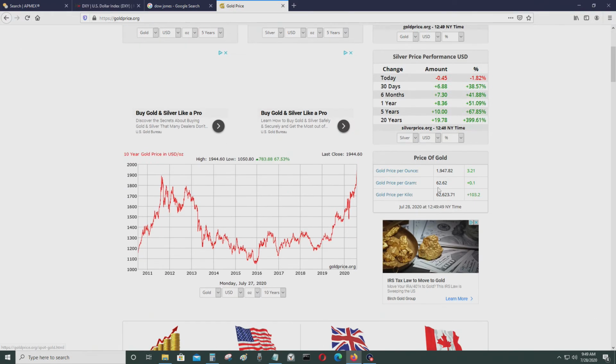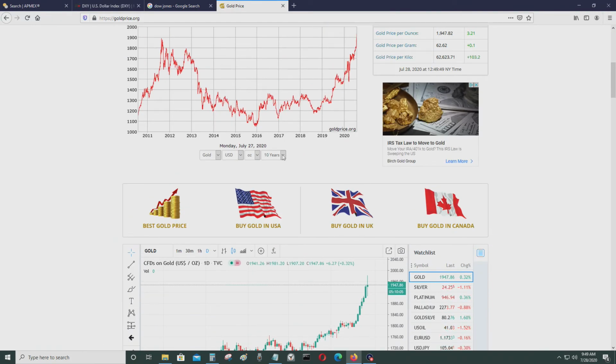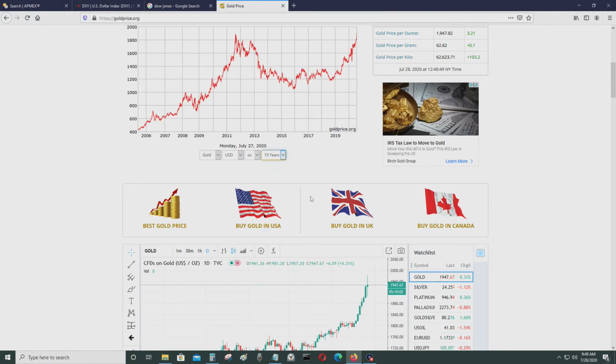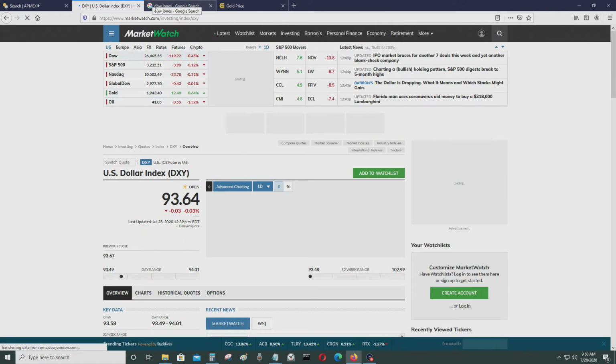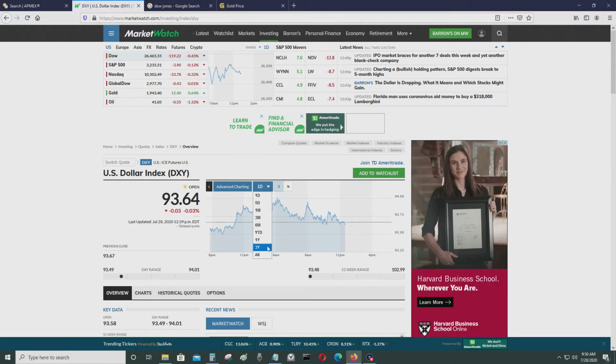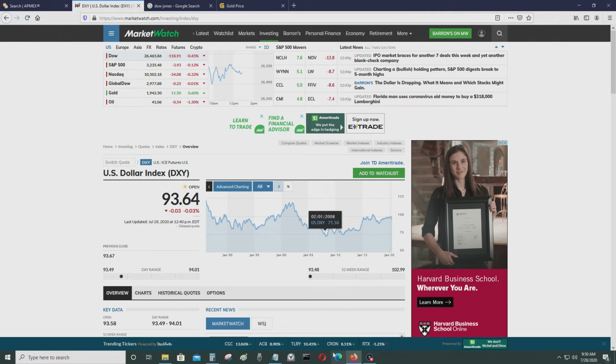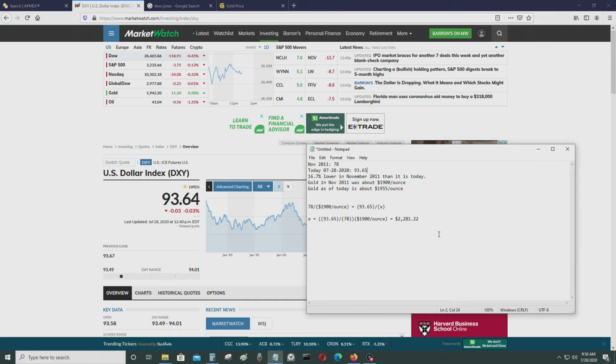So let me go back. Let's go back 15 years, so around 2008. Let's see what the dollar index was in 2008. It was about 75. The dollar index was 75, and today is 93.64.